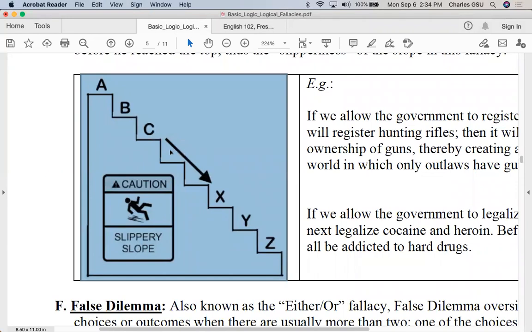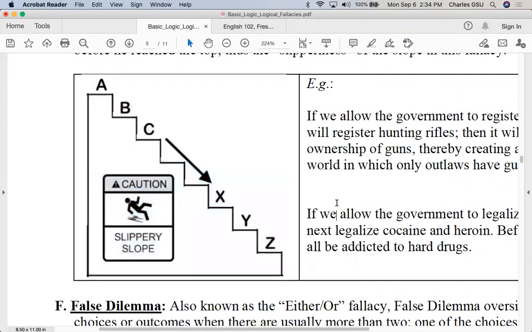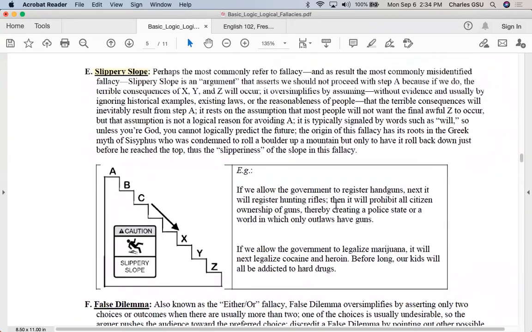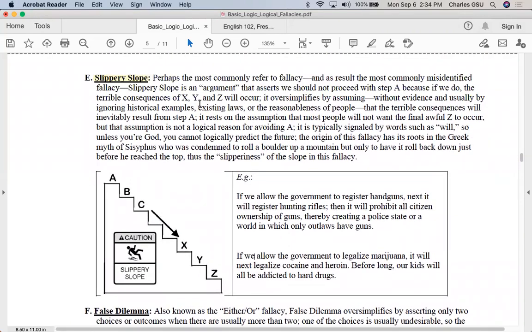Notice that the arrow points downward, and it says here at the top that it's a quote unquote argument that asserts that we should not proceed with step A, because if we do, the terrible consequences of X, Y, and Z will occur.